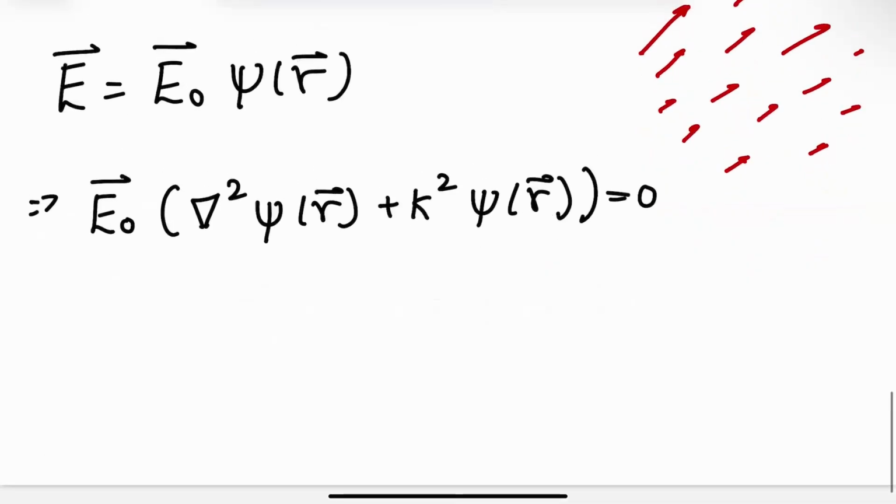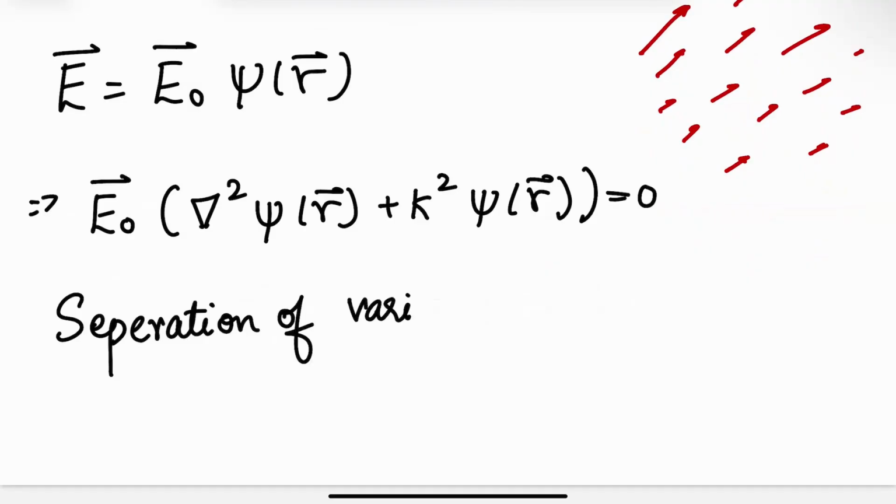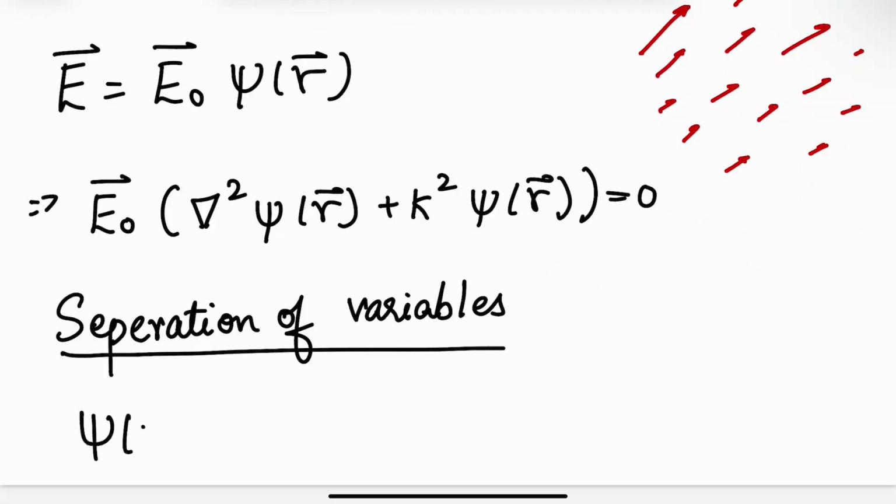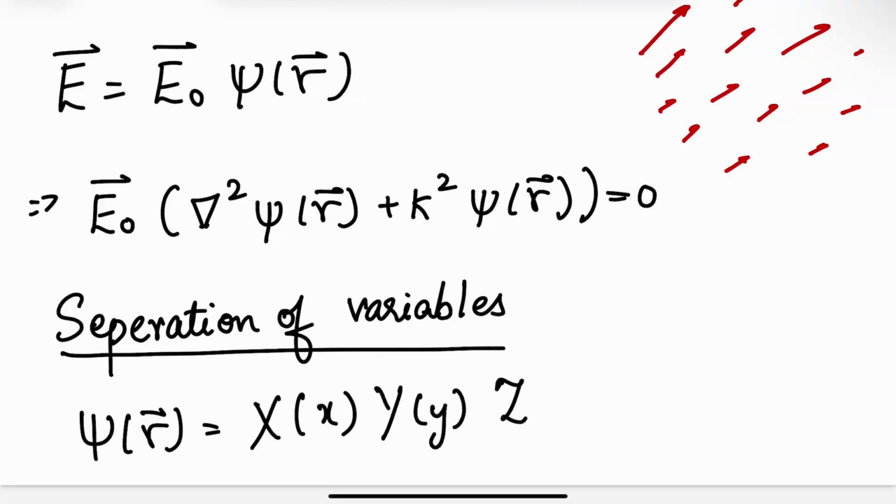The solution we're going to look for uses a technique called separation of variables, and we'll use this again and again in different contexts. What does that mean? I know psi is a function of r, but I want to say that this can be written as a product of three functions, each of them only a function of one of the variables: X of x, Y of y, times Z of z.